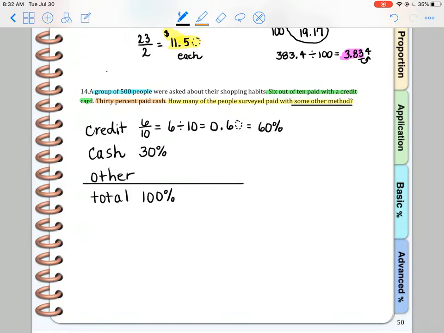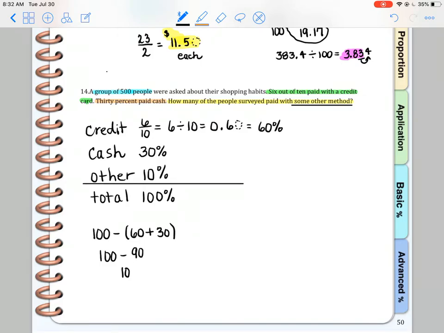If I do 60 plus 30, that's 90. But remember, it has to add up to 100. So I'm going to say 100% minus the 60 and the 30. So 100 minus 90 is, of course, 10. So the other is 10%.